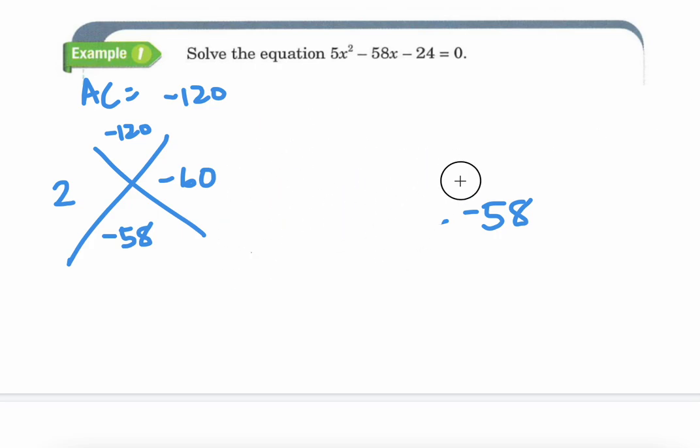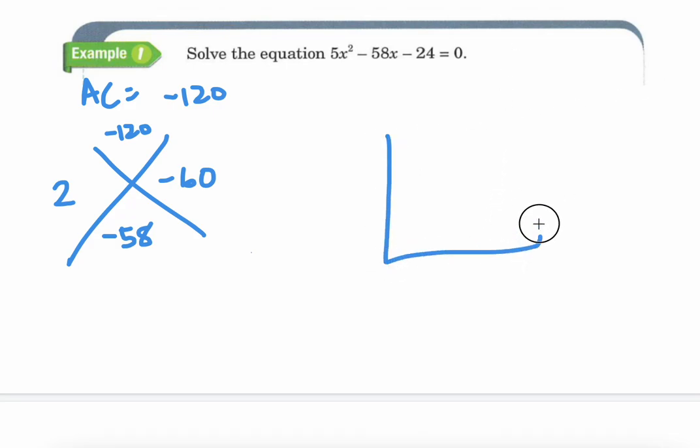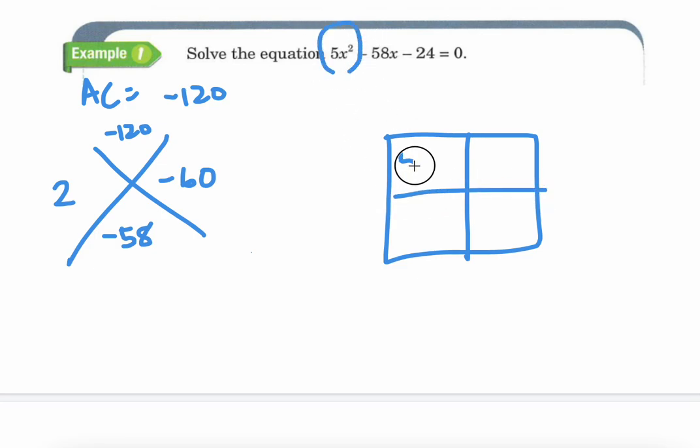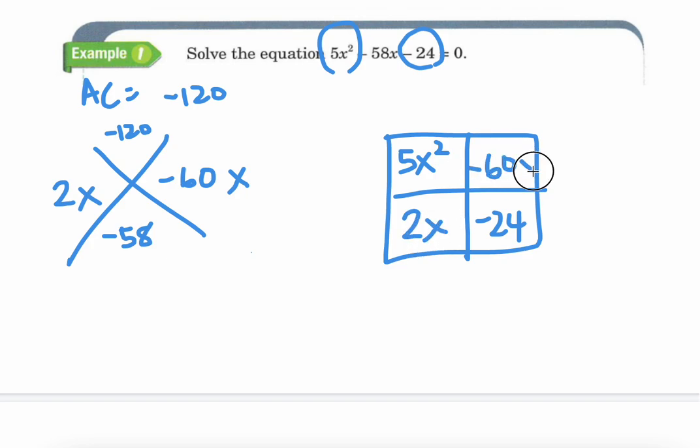If you remember from the diamond box method, you basically have to now create your Punnett square. So we have our original 5x squared, and our c value, -24. And then these two get added into our diagonal boxes, 2x and negative 60x.